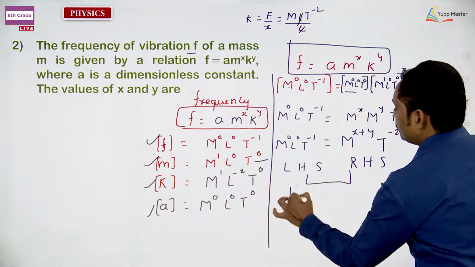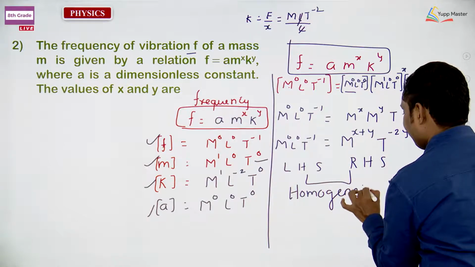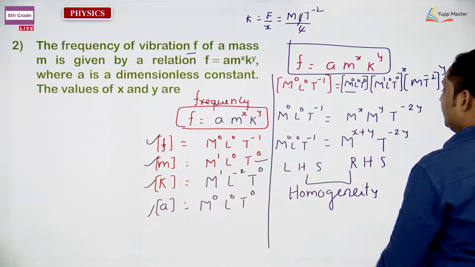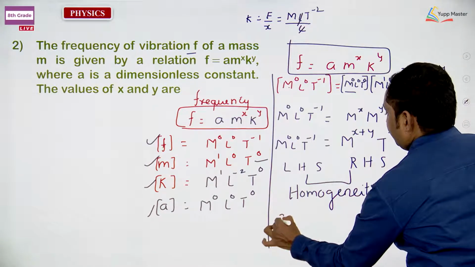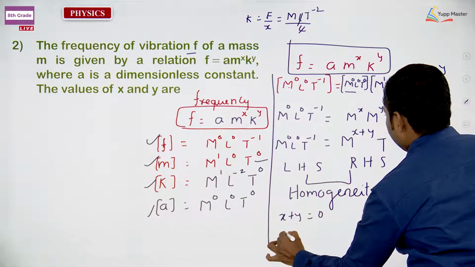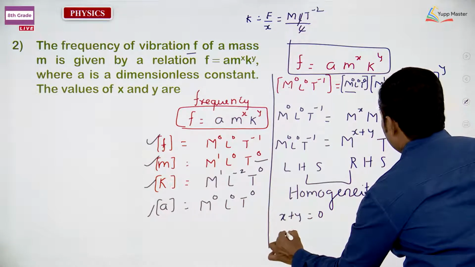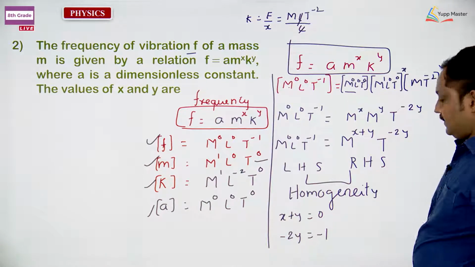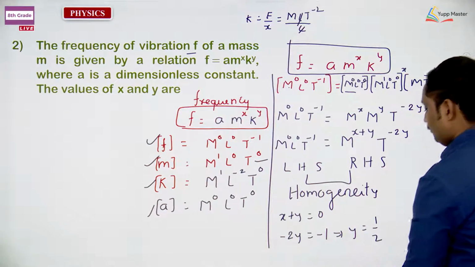So LHS and RHS powers are going to be compared. According to the principle of homogeneity, we compare the powers: x plus y is equal to 0, and minus 2y is equal to minus 1. So y is equal to 1 by 2.